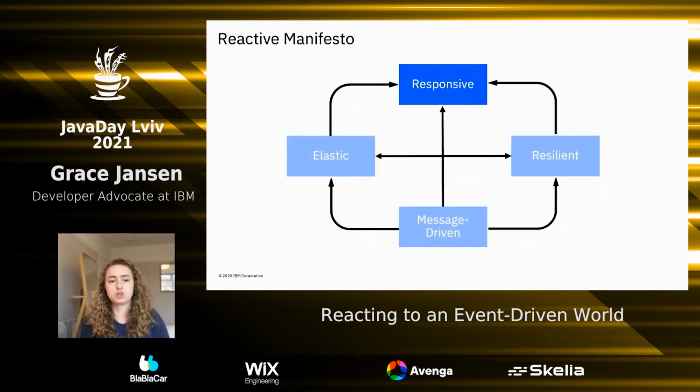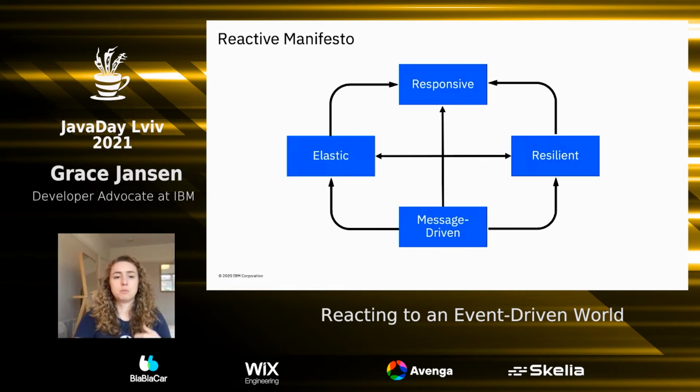So we've looked at message-driven, we've looked at elasticity, and we've taken a look at resiliency. And these all together combine to enable this last characteristic of the Reactive Manifesto, which is responsiveness. So being able to respond as quickly and as effectively as possible to event changes and state changes within our application. By implementing all of these characteristics, we should be able to create a truly reactive and responsive application.